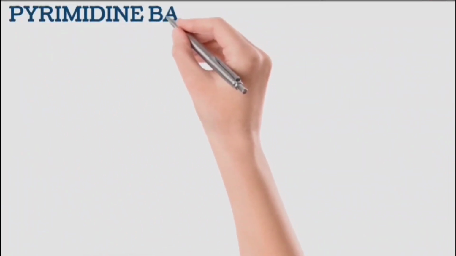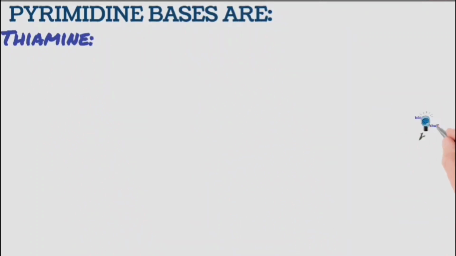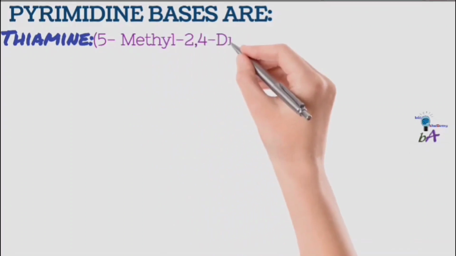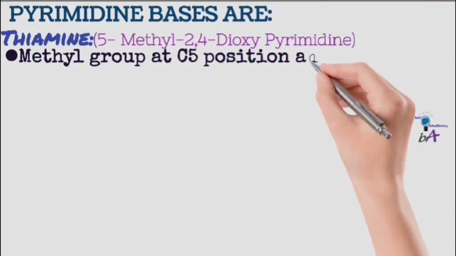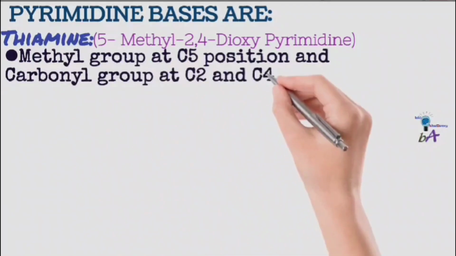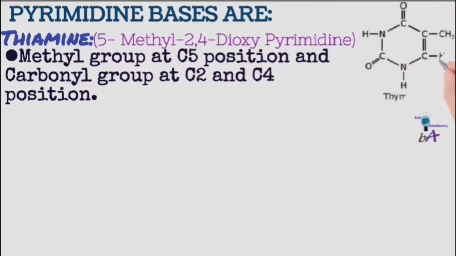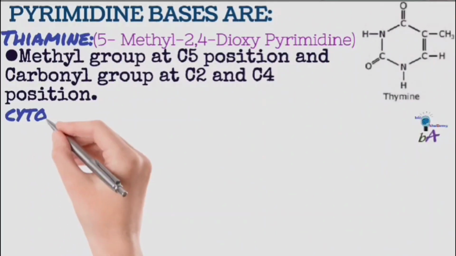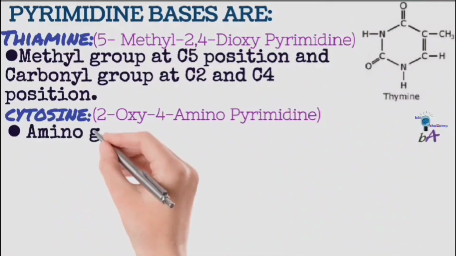Now, thymine, 5-methyl-2,4-dioxypyrimidine is its chemical name, in which at the C5 position a methyl group is there, and at the C2 and C4 positions, the carbonyl group. You can see the structure on the right hand side. Next is cytosine.